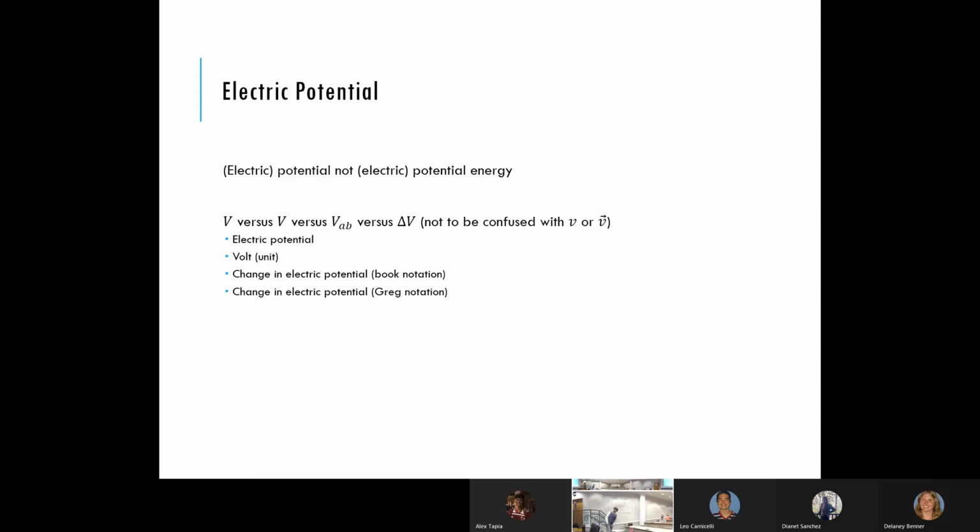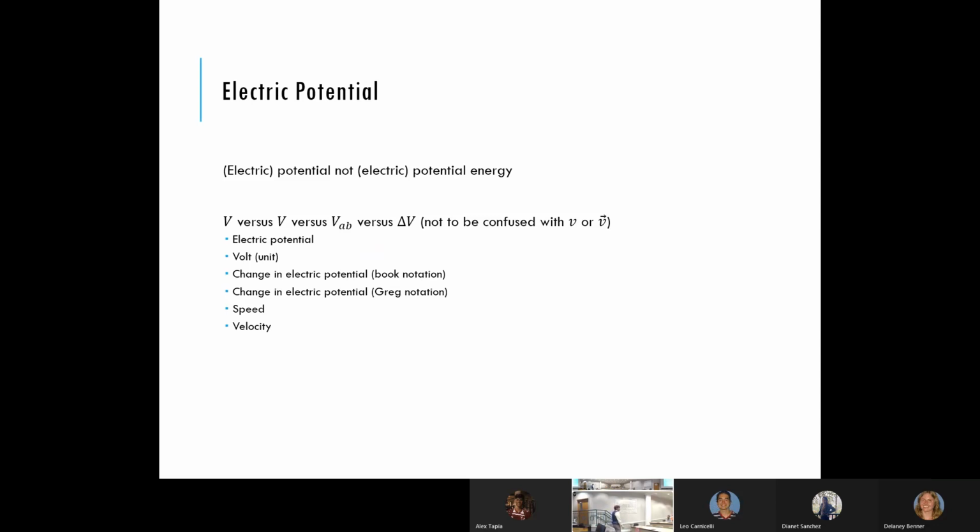Of course, this should not be confused with V. Generally, we think of V without the vector symbol as being a speed, and V with the vector symbol being the velocity. This is a case where V is not V, as versus delta V versus V versus V. So that's a warning, just be careful.